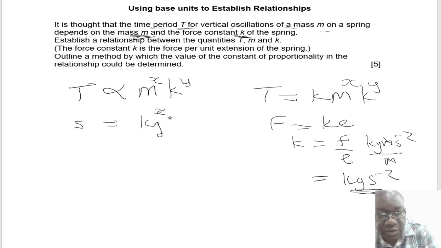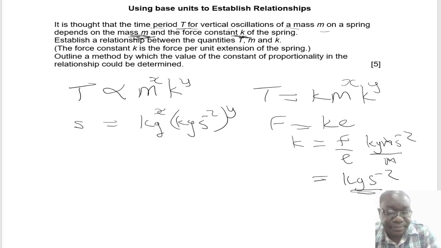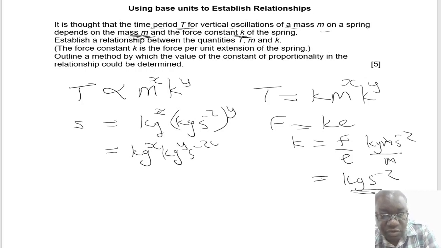So here we're going to get kg s to the minus 2, all to the power of y. So this is going to be kg^x, kg^y, and s^(-2y).